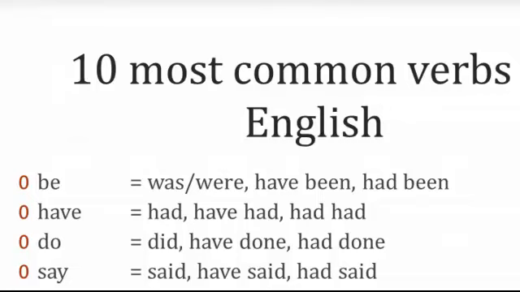So you say I was, you were, he, she, it was, we, you, they were. So it changes according to person. But then you use a different form. You use been when you say have been or had been. And of course that makes it a bit confusing.